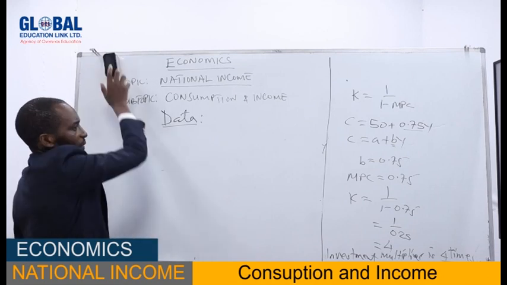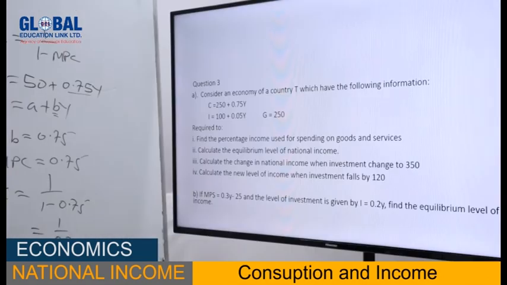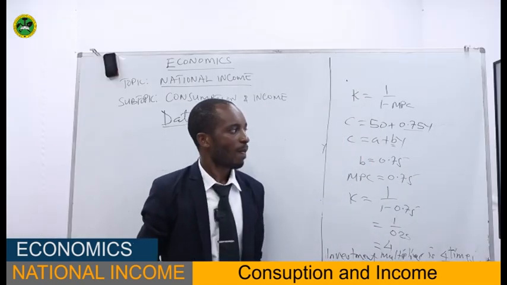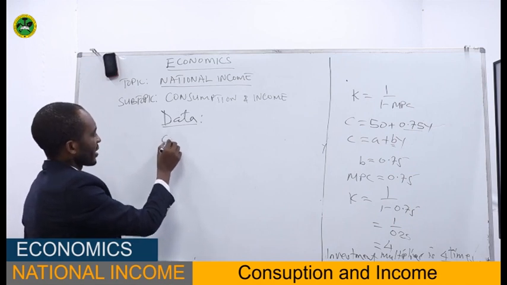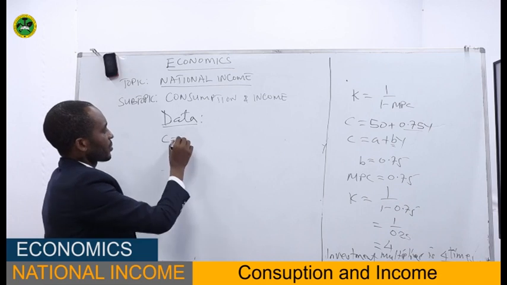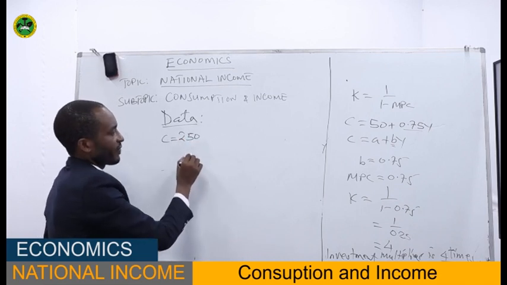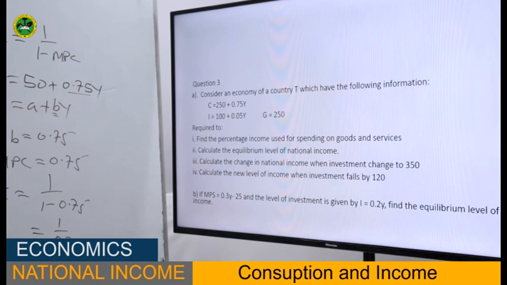Let us consider the following economy. Consider an economy of country T which has the following information. You are given C, I, and G. Now, the data we are given, question number 3: C equals 250 plus 0.75Y, and I equals 100 plus 0.05Y.